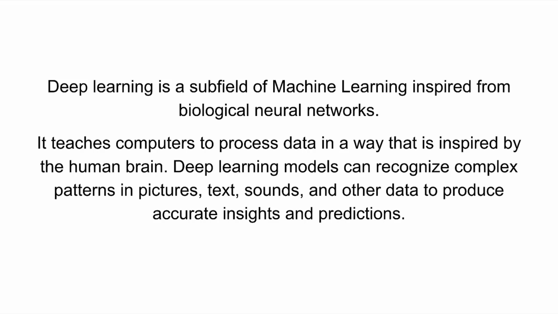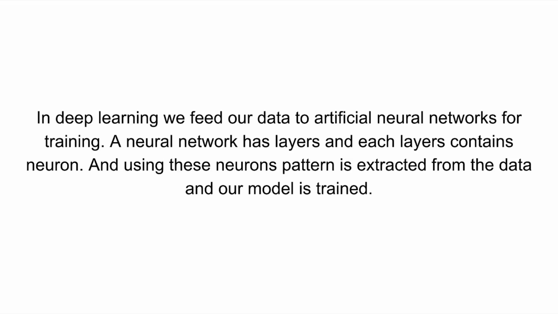Deep learning models can recognize complex patterns in pictures, text, sounds, and other data to produce accurate insights and predictions. So based upon this, we can say that in deep learning, machine learning models are trained just like the human brain. In deep learning, we feed our data to an artificial neural network for training.